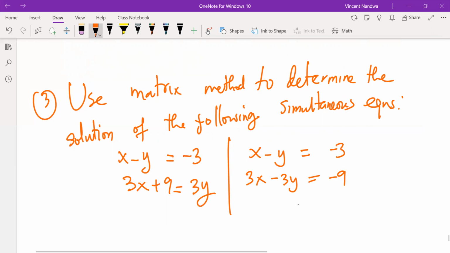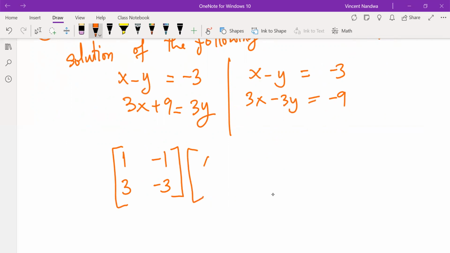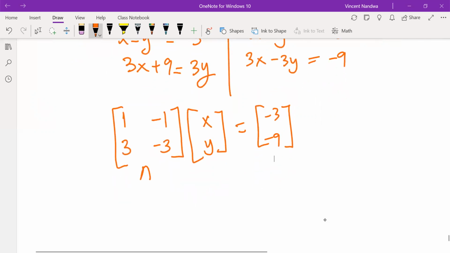Then form the matrix equation. So we have 1 minus 1, 3 minus 3, x, y equals minus 3, minus 9. So this is our A matrix.